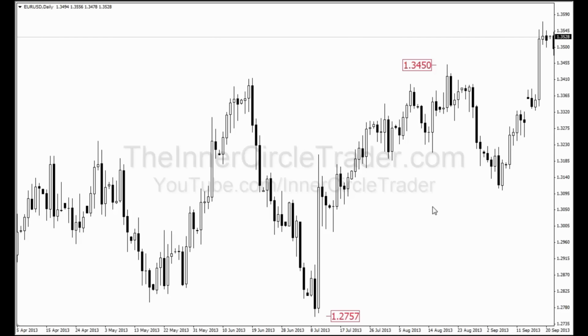I view market economic indicators and reports that come out methodically throughout the entire month. These reports are injections of volatility, and I look for them to set up or confirm a continuation of an existing move I may either be a part of or looking to be a part of.